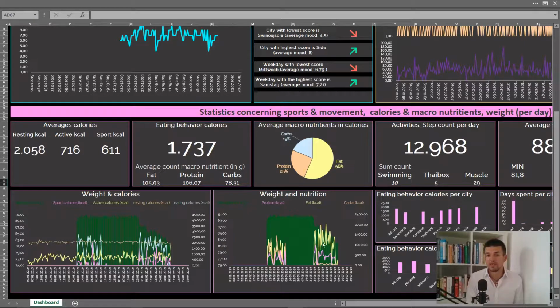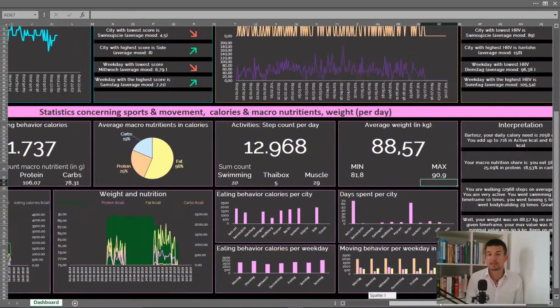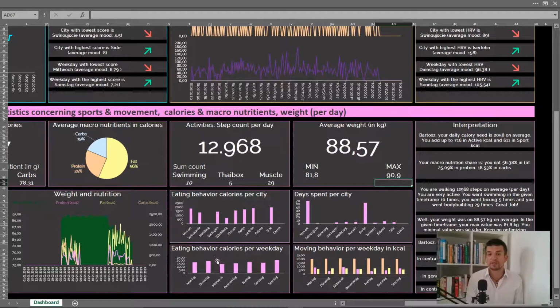How does it in general develop, as well as how is my eating behavior in different cities or on different weekdays, as well as the interpretation of it.